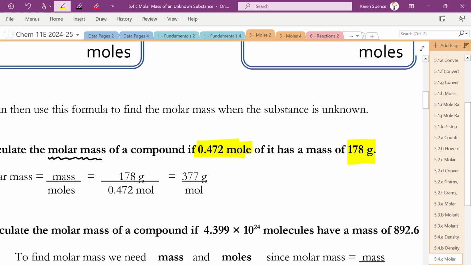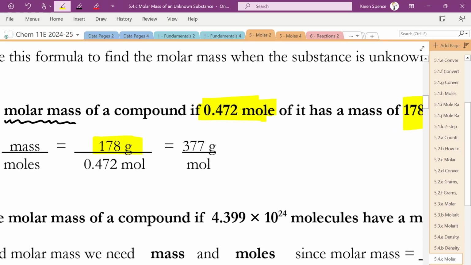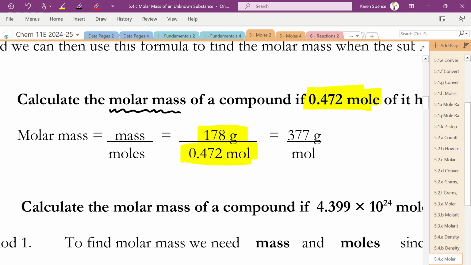Straightforward enough for you? You take your 178 grams and you put it over your 0.472 moles. You do the division. Wake up, Brian. You do the division and you get 3.77 grams per mole.